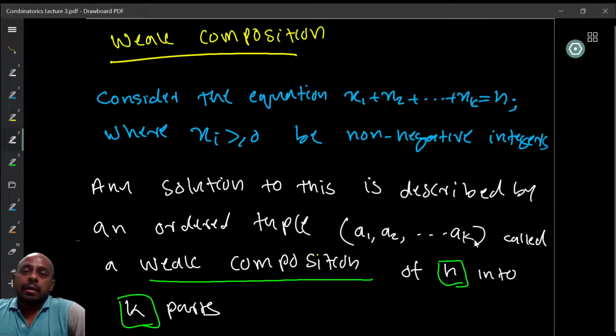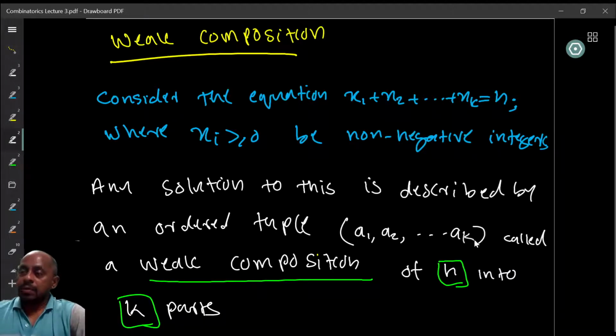Such a tuple is called a weak composition of n into k parts, because we are basically writing n as a sum of k non-negative integers. Okay, so this is called a weak composition.